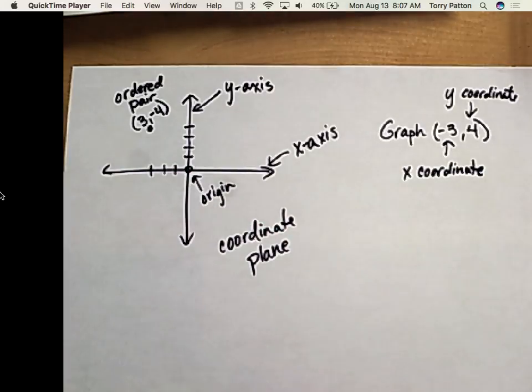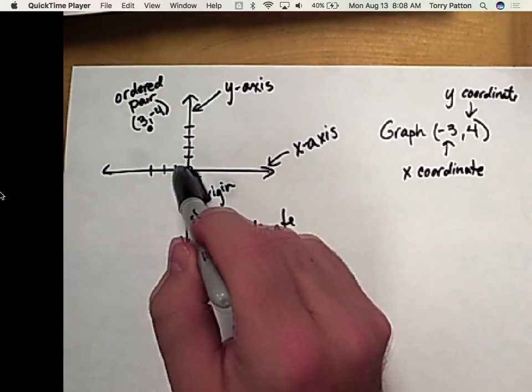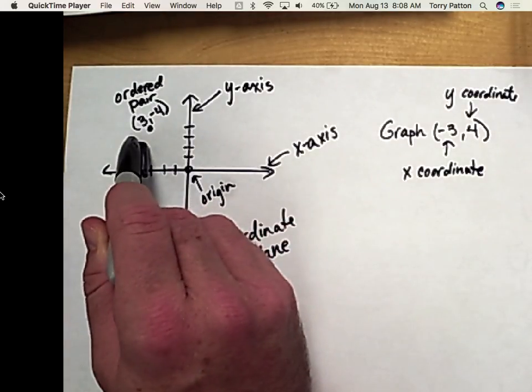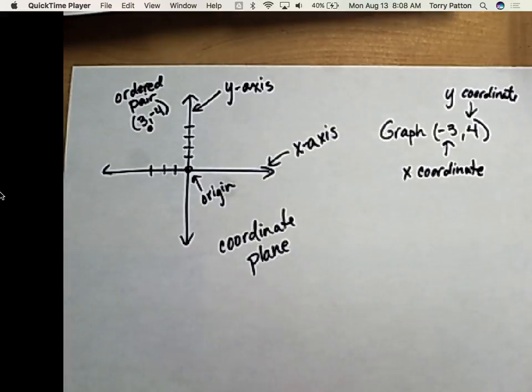Is the point 3, -4 the same as the point -4, 3? No. -4, 3 would be, you go over 4 up 3, would be over here, right? So it's called an ordered pair because the x-coordinate has to go first, the y-coordinate has to go second. The order matters, so it's an ordered pair. Okay?